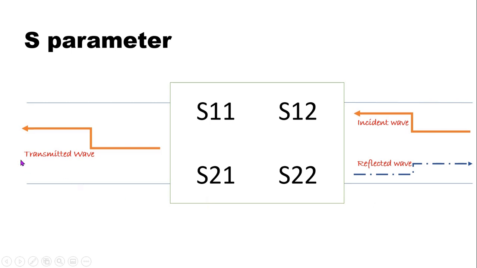So here we are using port 2 as our primary port. Our incident wave is going through port 2, and we are getting a reflection in port 2, and our transmitted wave is coming out of port 1.